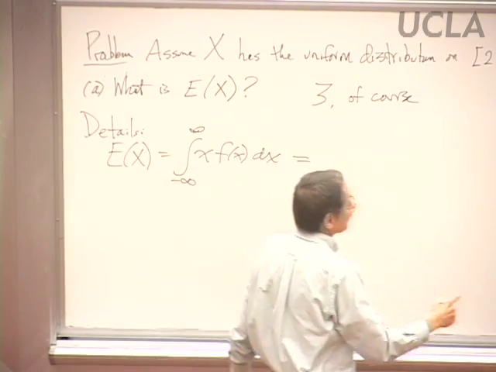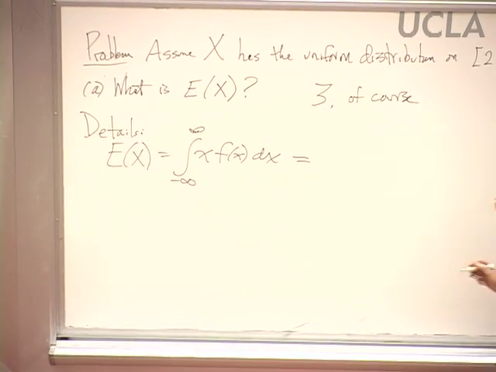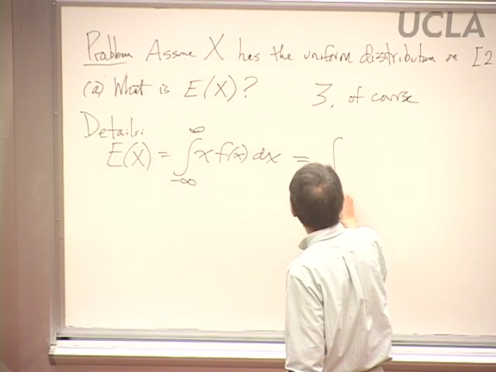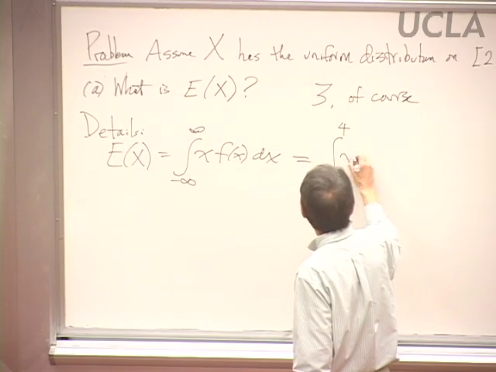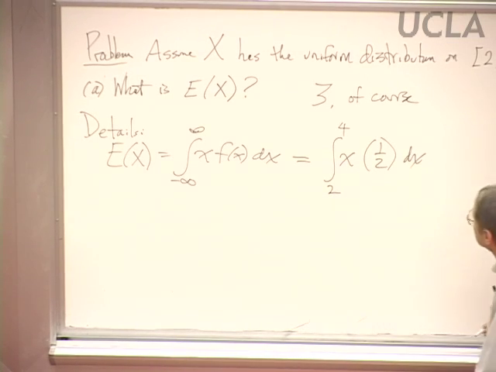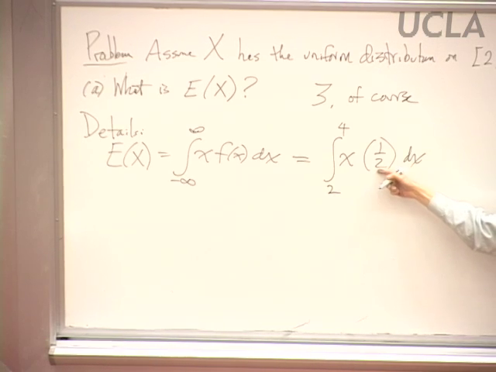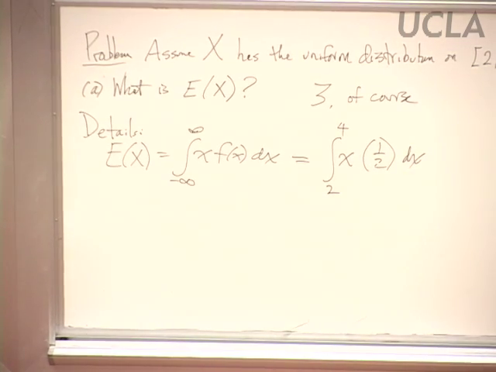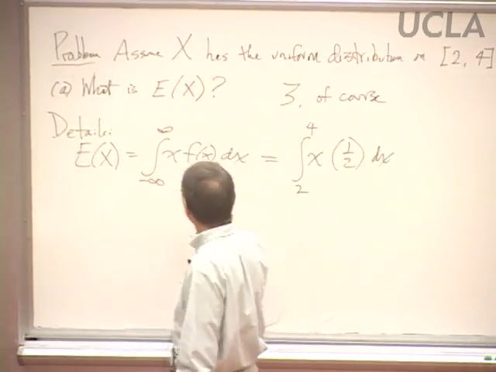And the density is 0 except from 2 to 4. So we're just integrating from 2 to 4, x times a half. The half only applies in the interval from 2 to 4. The density is 0 elsewhere. Okay, so we do this integral.